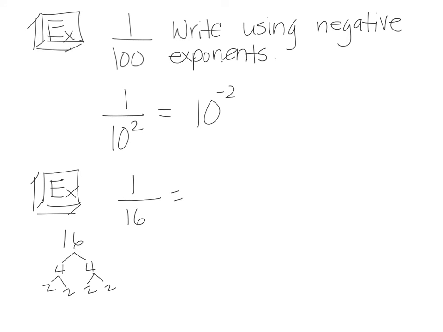So we have 4 2's. 1, 2, 3, and 4. So that means 1 over 2 to the 4th power, right? Now, being that this is in the denominator and the directions are asking to use negative exponents, I bring it out of the denominator and then put the negative with it.